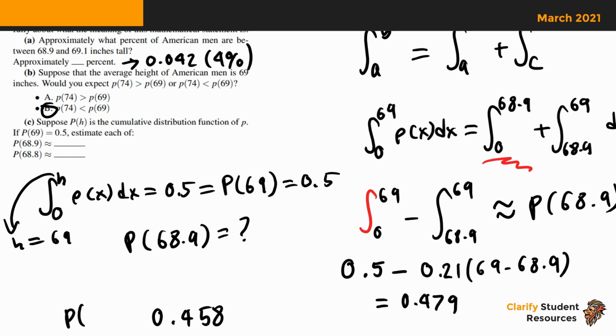So this will be P of 68.8. And basically what we're going to do here is we're just going to write those in.